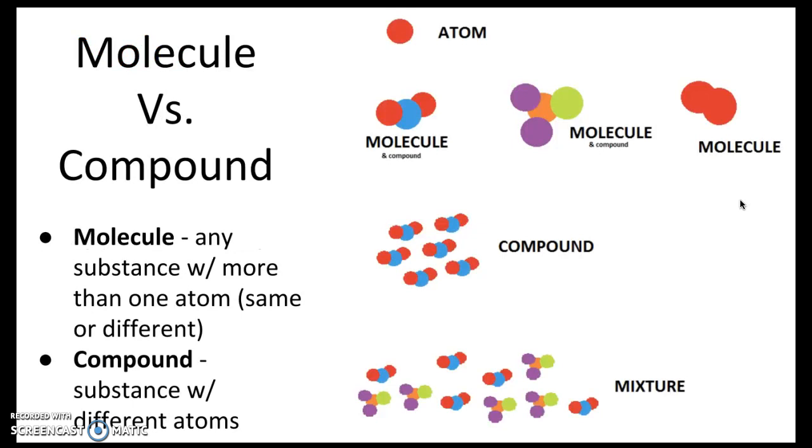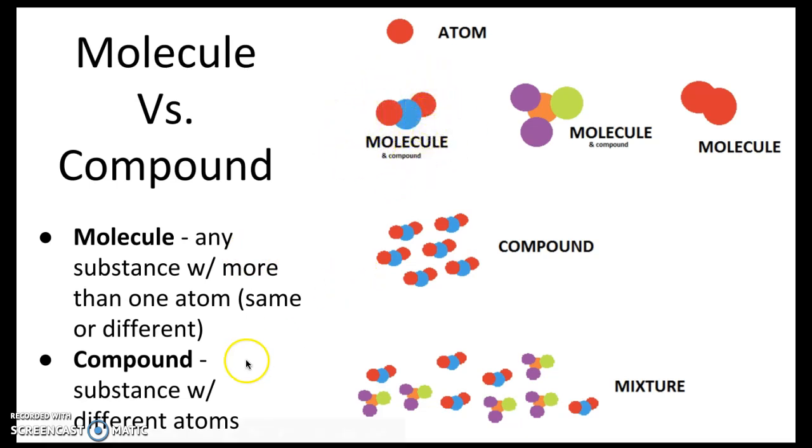Finally, before we do a quick summary, I'll oftentimes use the word molecule and compound. I just want to be clear about what they are, because sometimes they seem to be interchangeable and sometimes not. So a molecule is any substance with more than one atom, and that could be the same atom or a different atom. For example, let's say this is a molecule of H2O. This would be considered a molecule.